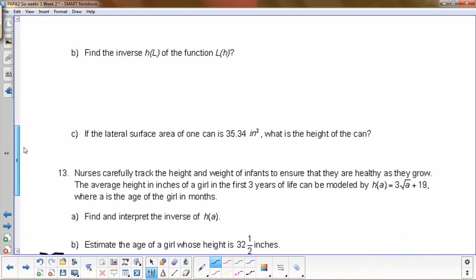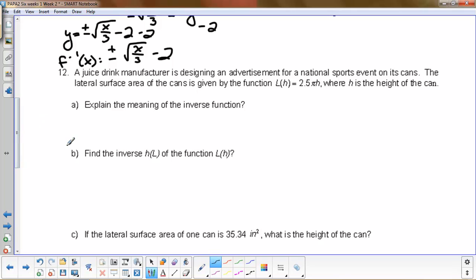Number 12. Alright, explain the meaning of the inverse of the function. But first we must explain the meaning of the original function. That is lateral area in terms of its height.